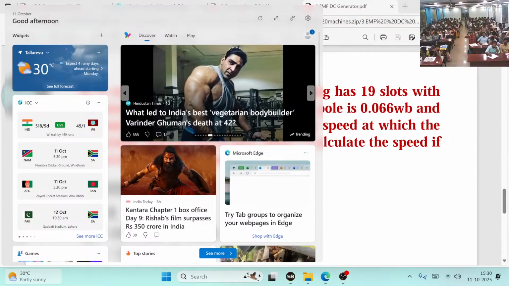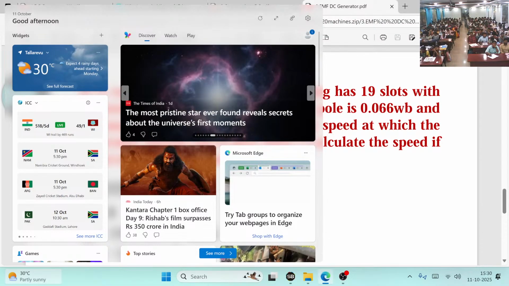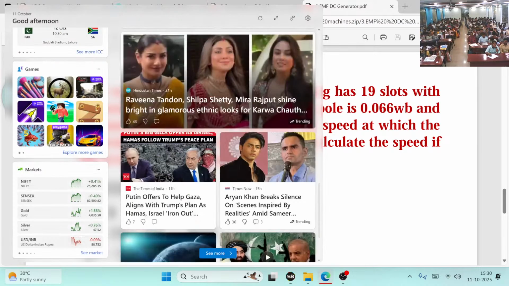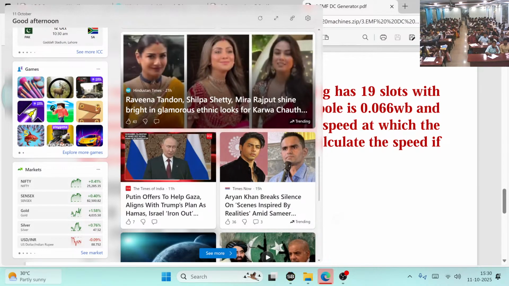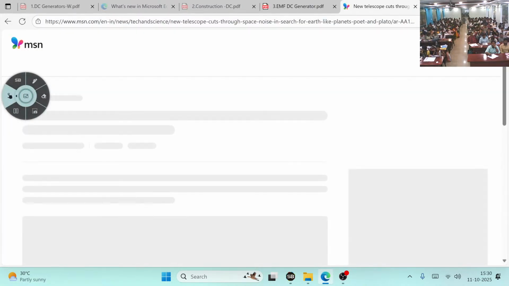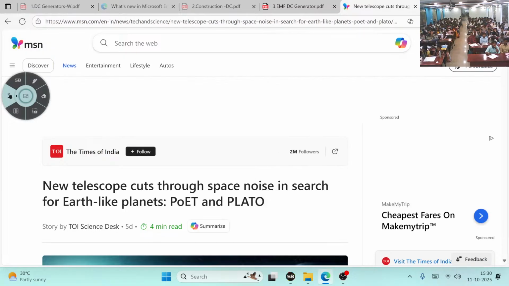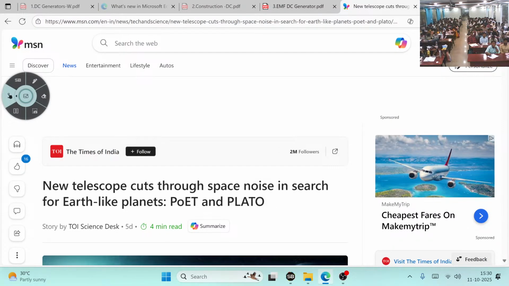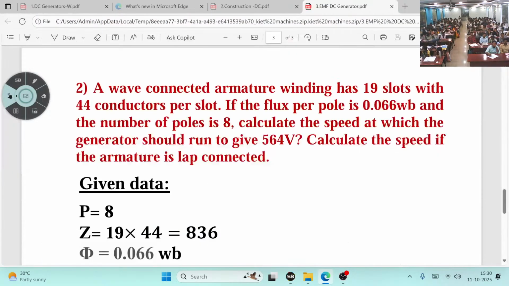Second problem, write down the second problem.